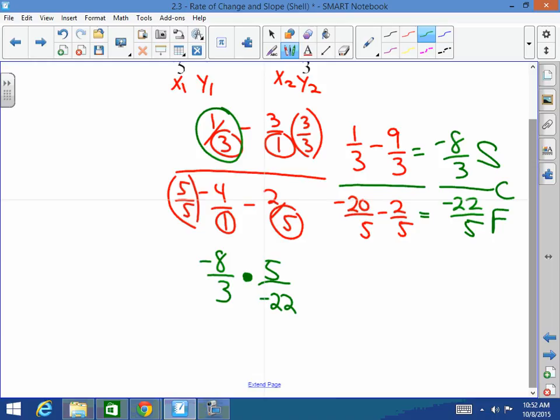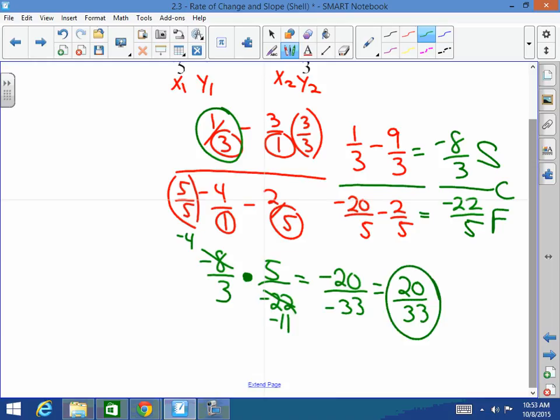When you're dividing fractions, you stay, change, flip. 2 goes into negative 8, negative 4 times. 2 goes into negative 22, negative 11 times. Negative 4 times 5 is negative 20. 3 times negative 11 is negative 33. A negative times a negative is a positive. So 20/33. Questions?